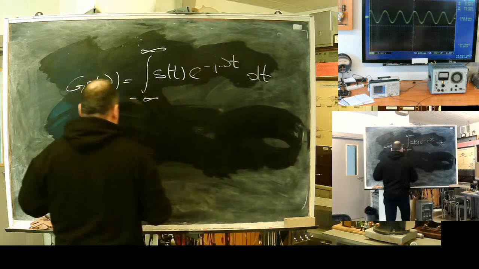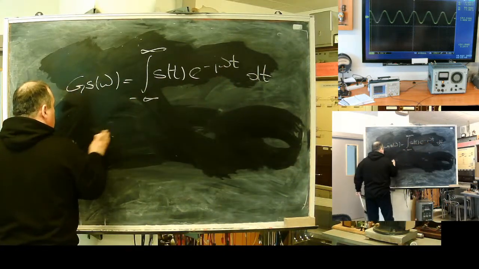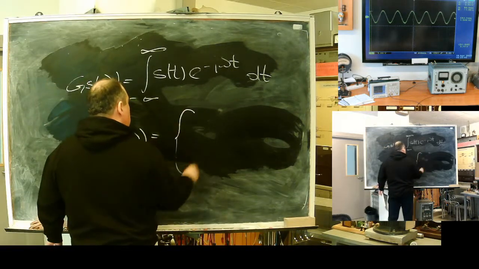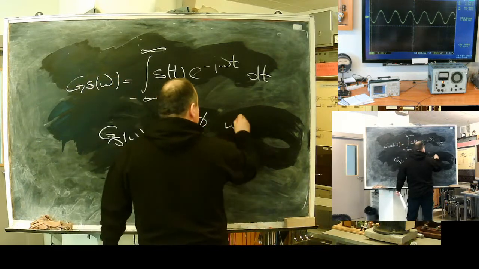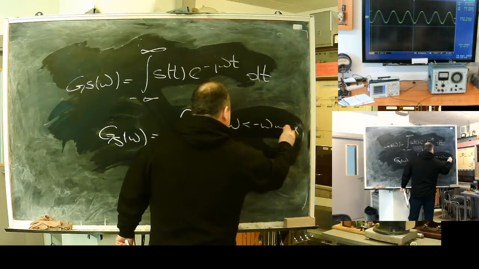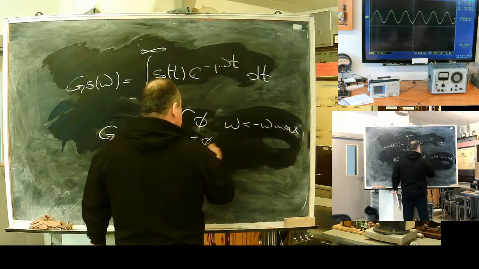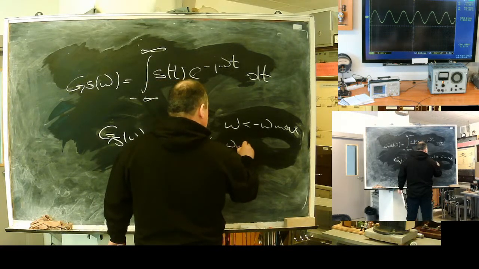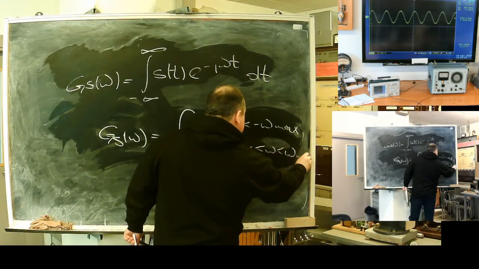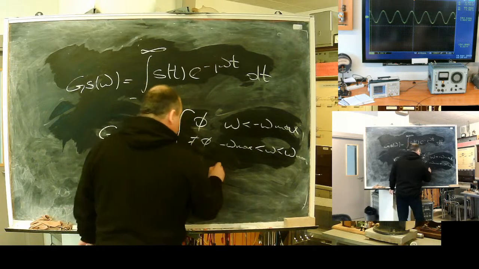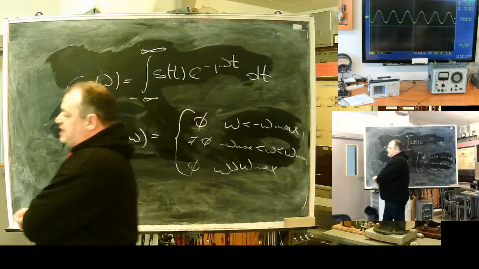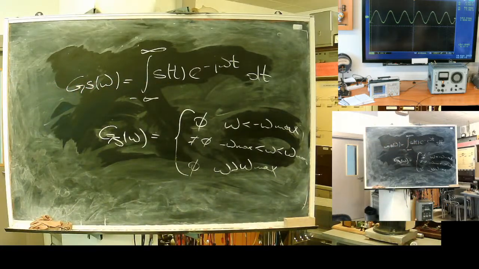It's a classical Fourier transform, but it is 0 when frequency is below minus omega max, not 0 between minus omega max and omega max, and again 0 when frequency is above omega max. I have a signal with a limited frequency range.